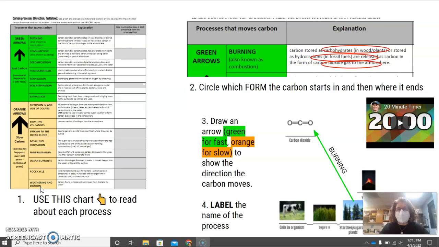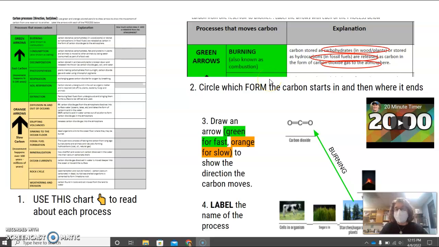So how are you going to figure out where to represent these arrows? Again, a process is something that moves carbon from one reservoir to another. Here you're going to need to do a little bit of close reading of the explanation. So we'll start off and look at the one at the very top. One of the fast processes for carbon is burning. I've zoomed that in so that we can look at it more carefully.